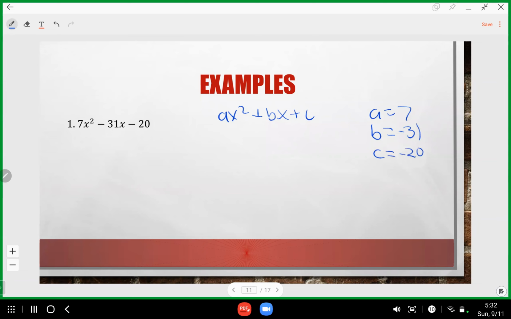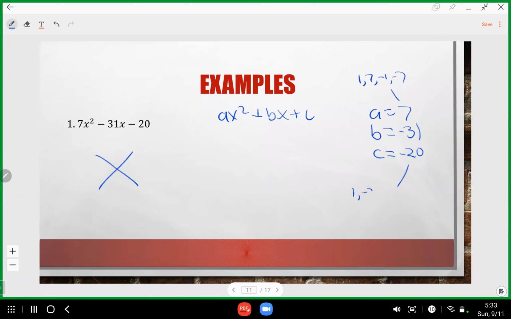So remember, we need to draw that X, right? The only factors of A are 7 and 1, or negative 7, negative 1. Okay, so let's list that. All right, and then what are factors of C?